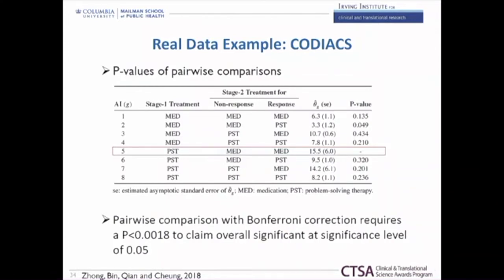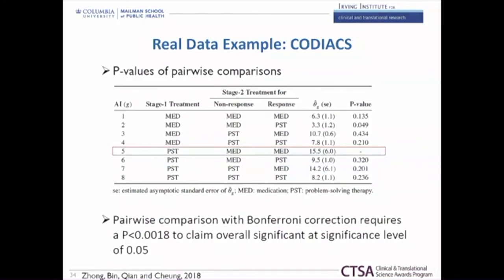So a potential issue of using pairwise comparison to evaluate all the adaptive interventions in SMART is that this procedure needs to take into account the multiple comparison issue, using methods such as Bonferroni correction, which is known to be conservative when the number of adaptive interventions that can be identified in SMART increases.